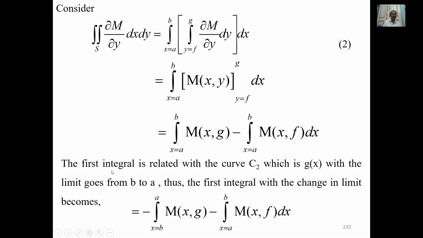The first integral is related with the curve C2, which is g of x. When the limit goes from b to a, the first integral with the change in limit becomes minus the integral from b to a of M of x comma g, minus the integral from a to b of M as a function of x comma f, dx.